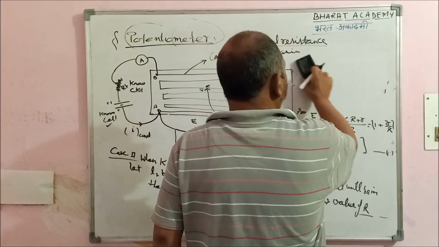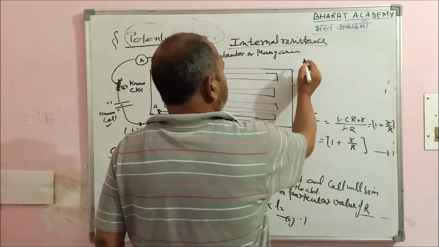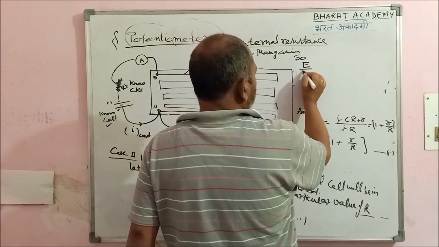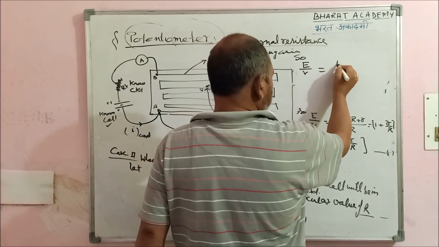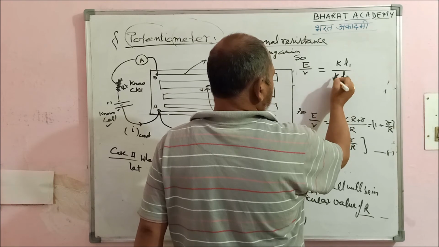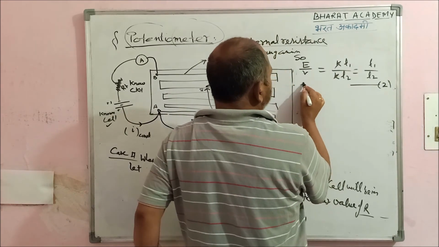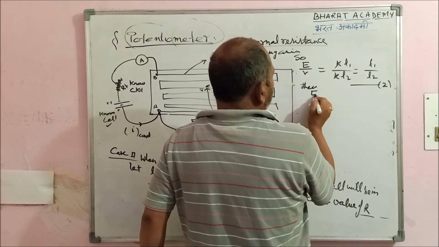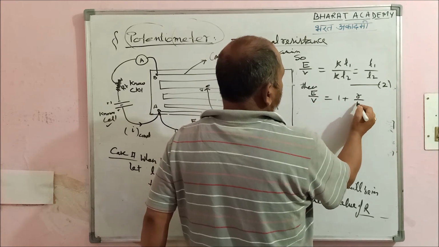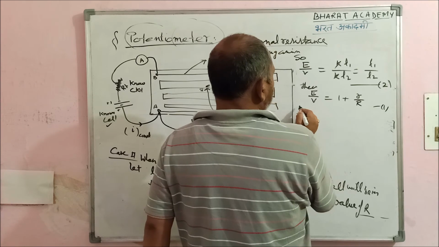This is the practical value. So if I divide these, practically we will get E by V is equal to K L1 by K L2. This is the practical value, and theoretically E by V is 1 plus r by R. This is the first equation.